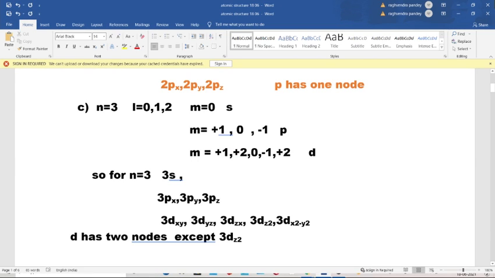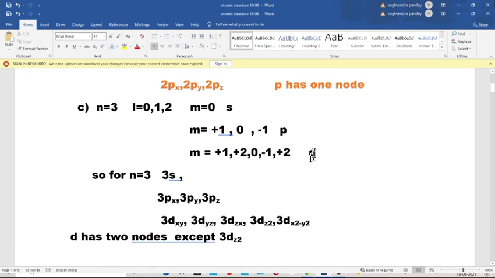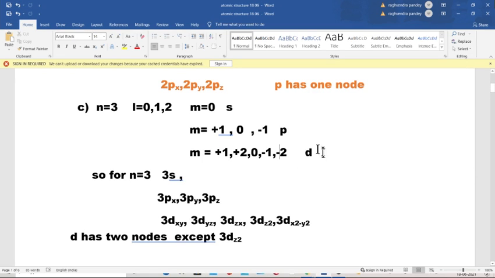So the values are plus 2, plus 1, 0, minus 1 and minus 2, that is your D. If you put L is equal to 2 in 2L plus 1, you will get 5 values.